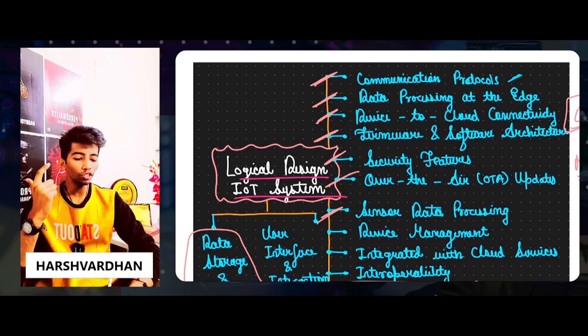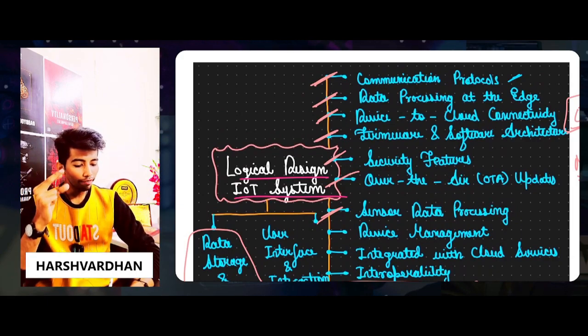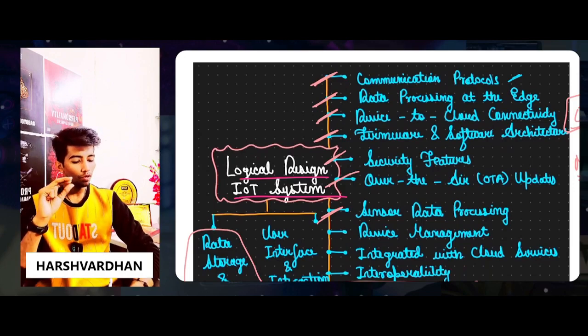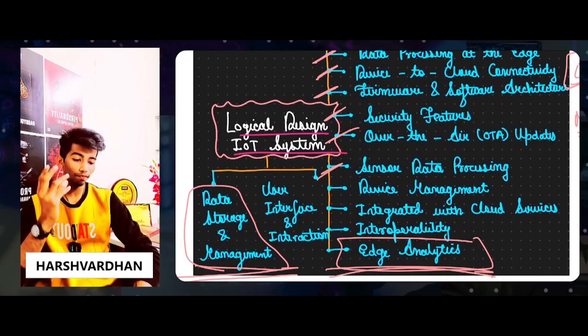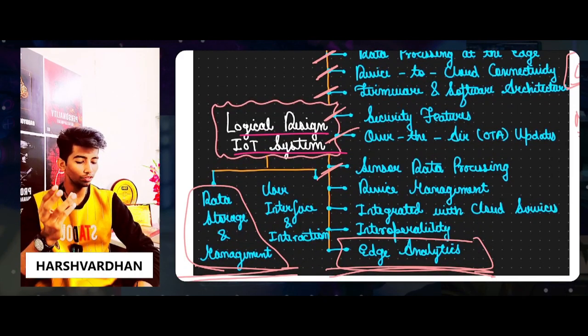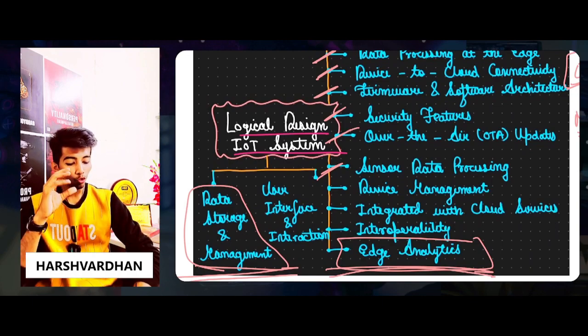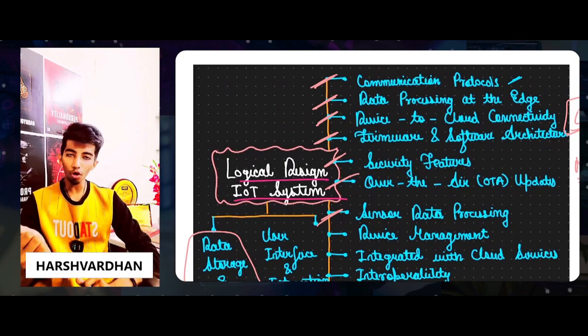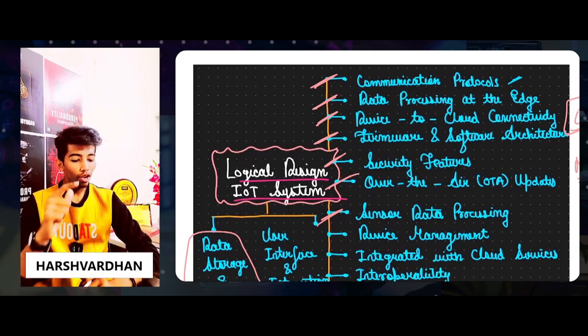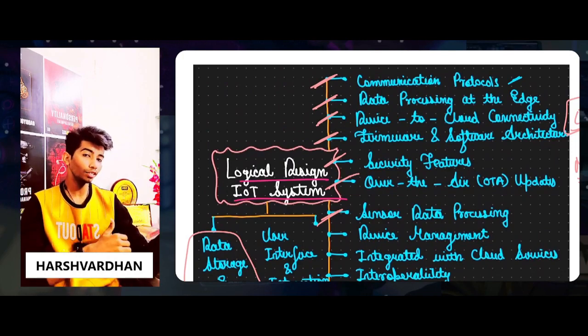Communication protocols, data processing at the edge, device to cloud connectivity, firmware and software architecture, security features, over the air updates, sensor data processing, device management integrated with cloud services, interoperability, edge analytics, user interface and interaction, and data storage and management. So communication protocol will be considered under the logical design. Data processing at the edge, like how the data is getting processed.